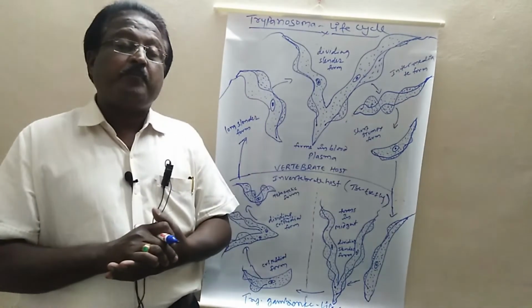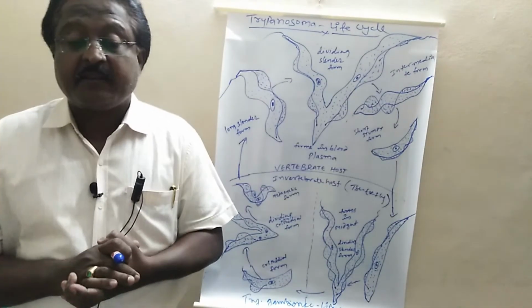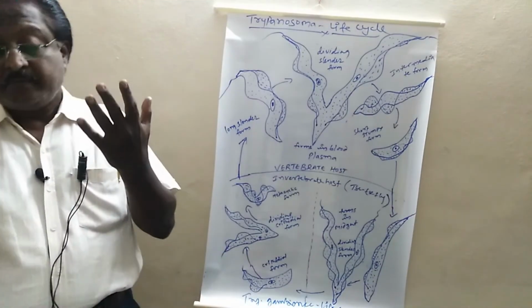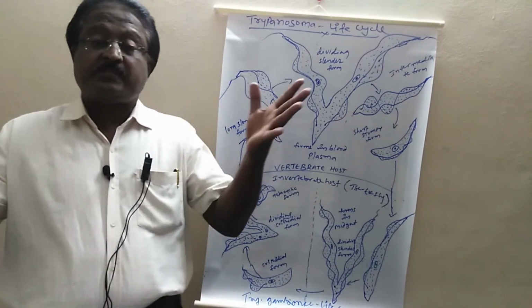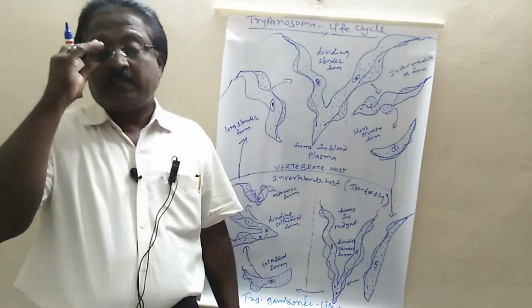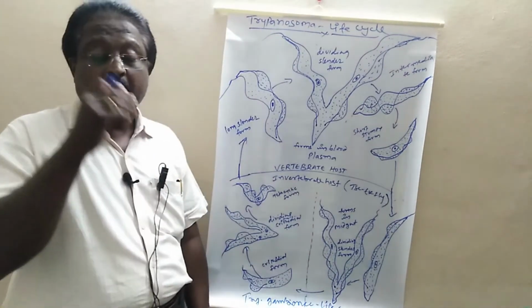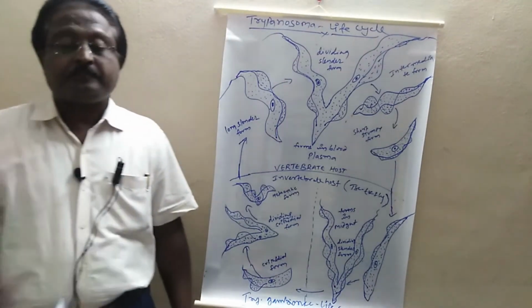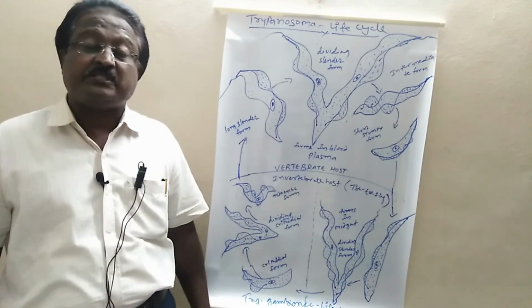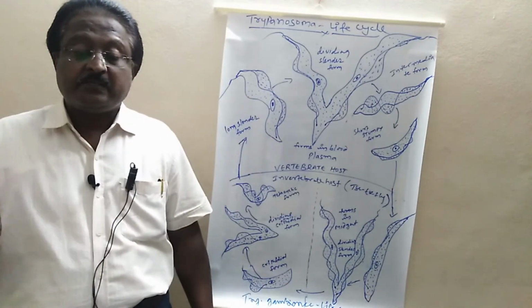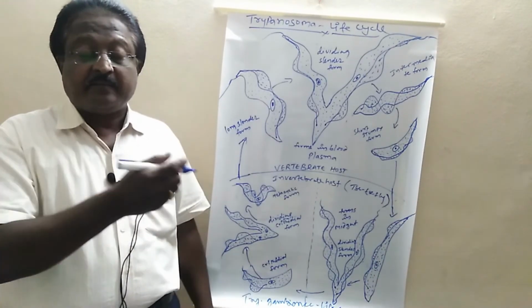Now how to take prevention? The infection of Gambian fever can be prevented by the following steps or methods. First of all, destruction of the tsetse flies. Second is spraying DDT powder in the areas where the tsetse flies are present.